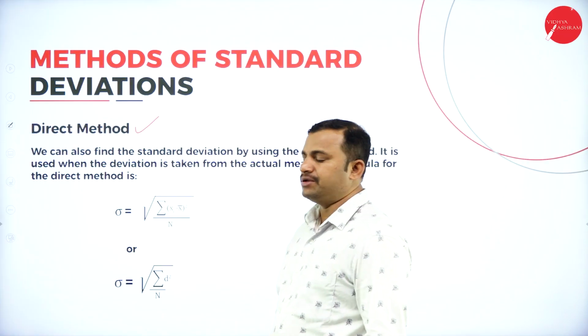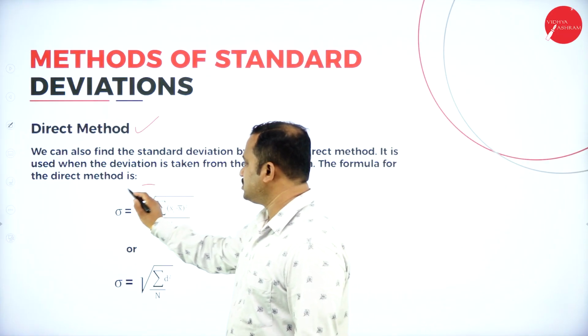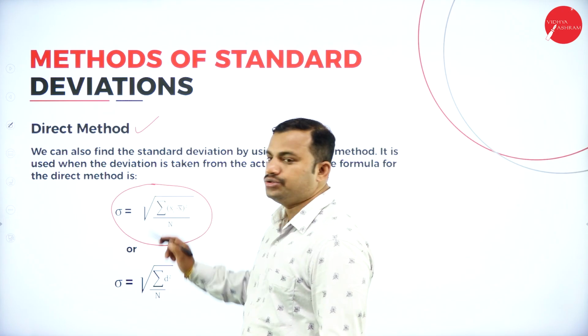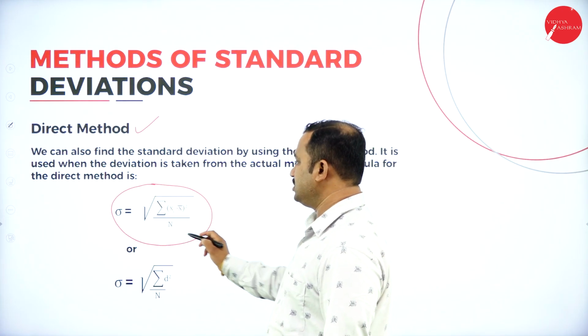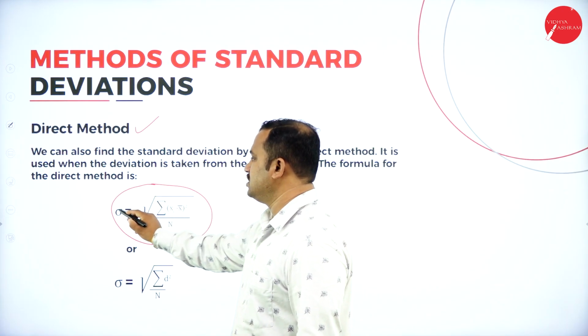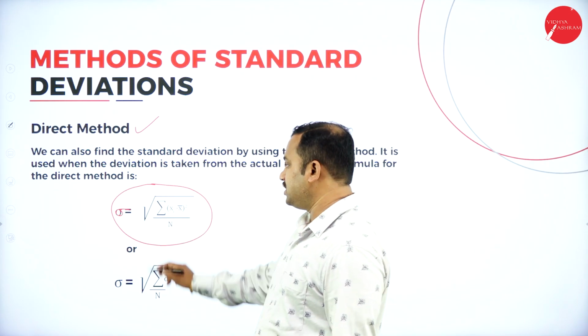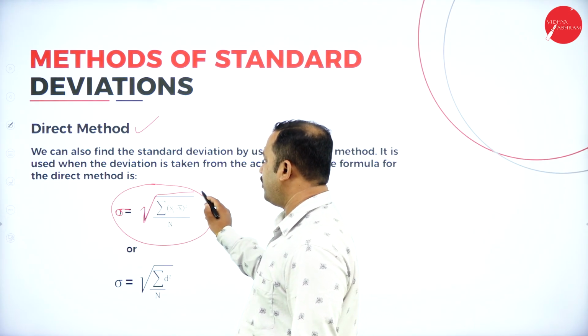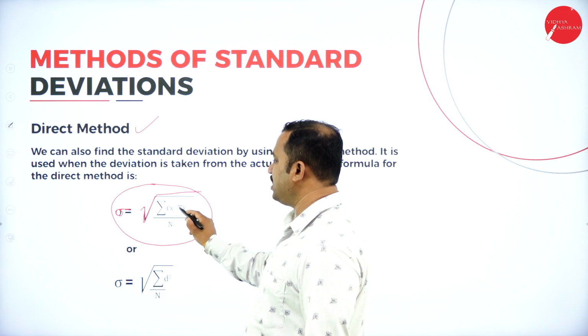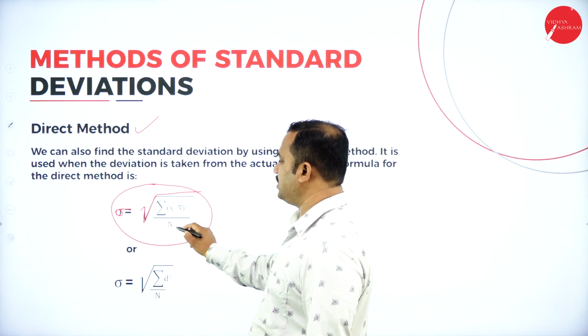In case of the direct method, we will employ this formula, which was already taught to you in yesterday's session. That is, standard deviation sigma is equal to square root of summation xi minus x bar whole square by n.